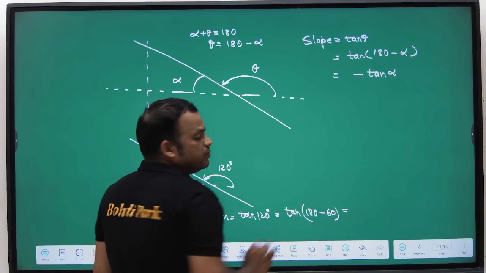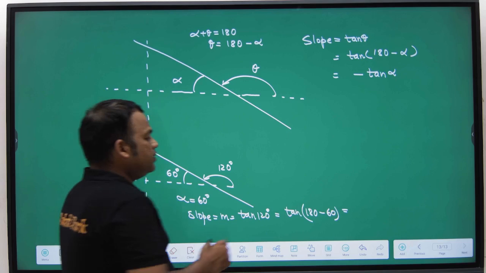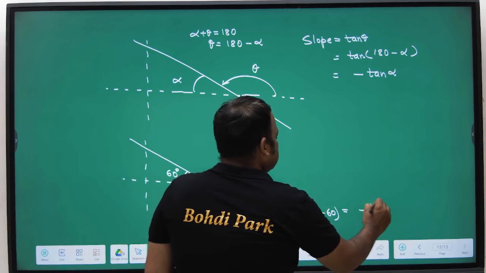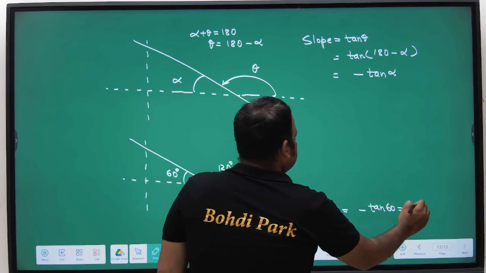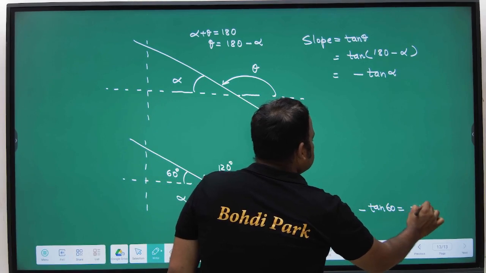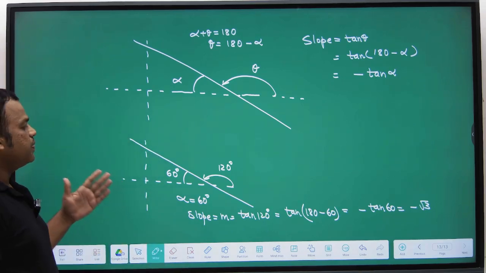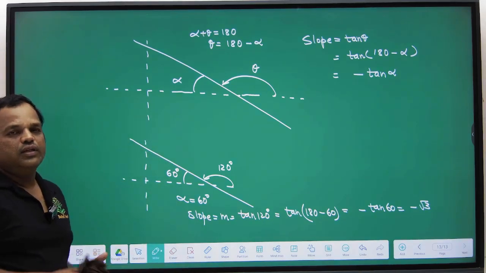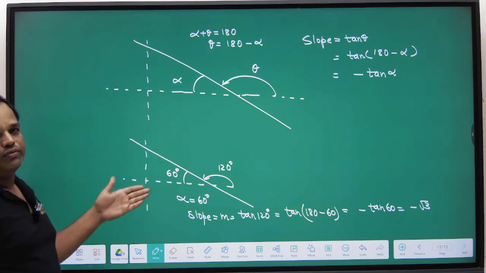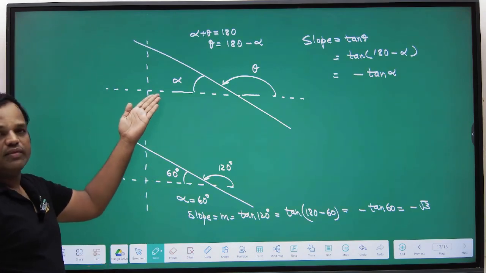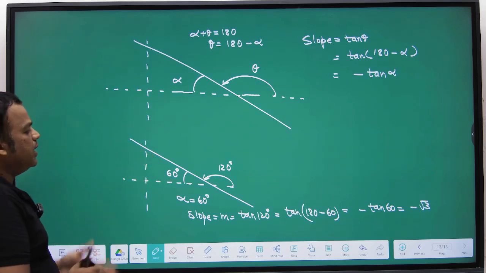So tan 180 minus 60 will be minus tan 60, and tan 60 is root 3, so minus root 3. So this is another method. It depends on you as a student which method you want to follow, the previous method or this method. I prefer this method.